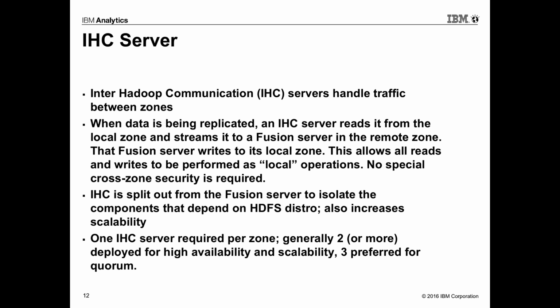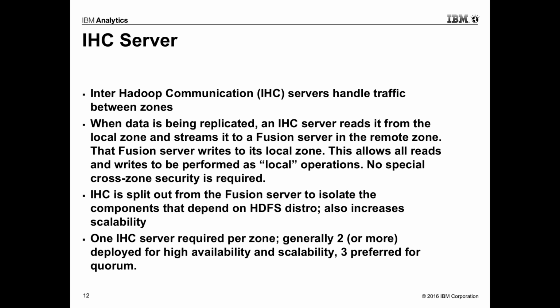The reason to have a separate component, in this case IHC, is to isolate components that depend on HDFS distributions, and that's really what enables BigReplicate to work across different versions of the same distributions or different distributions across different vendors, or any combination of those. Again, like Fusion servers, at least one IHC server is required per zone or per cluster, but you do normally want to have two or more for high availability purposes.